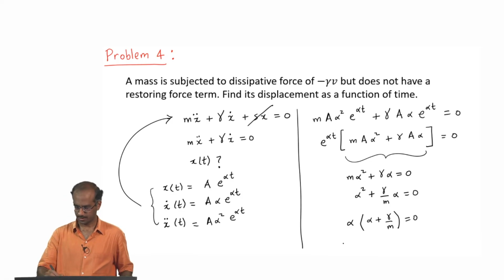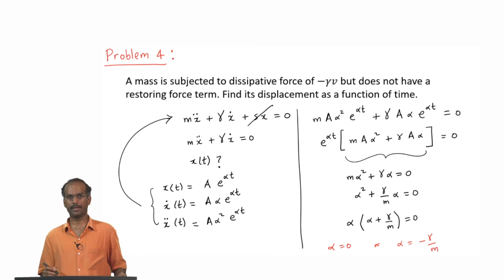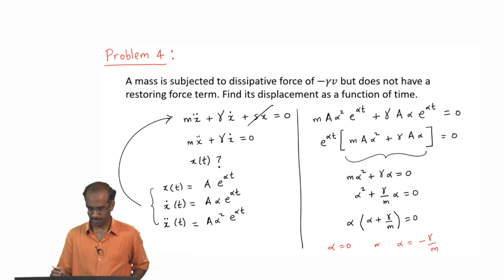So, the solutions are easy, either alpha is equal to 0 or alpha is equal to minus gamma by m. So, these are the two possible values of alpha.